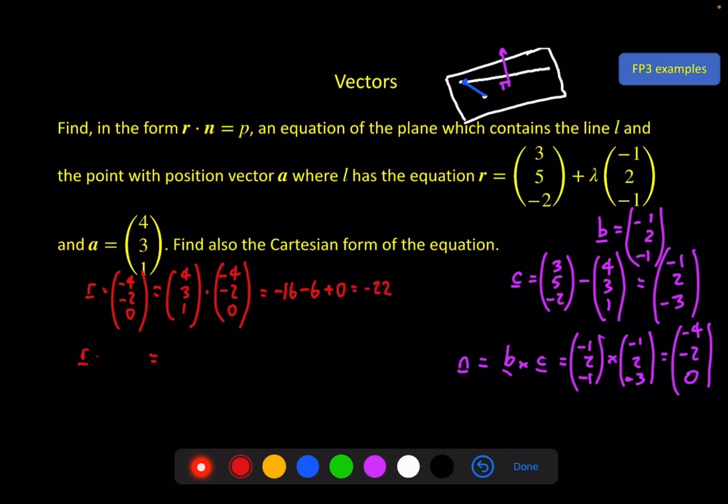So R dot (-4, -2, 0) is equal to -22. And that answers the first part in the form R dot N equals P. Now the second bit, find also the Cartesian form of the equation, is much easier. Now that we've got this, this is an easy add-on because R is the same as x, y, z.